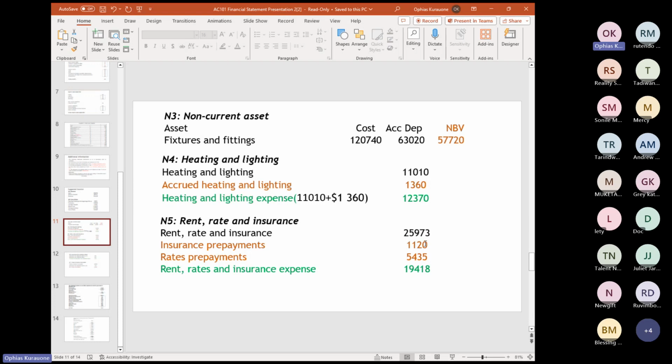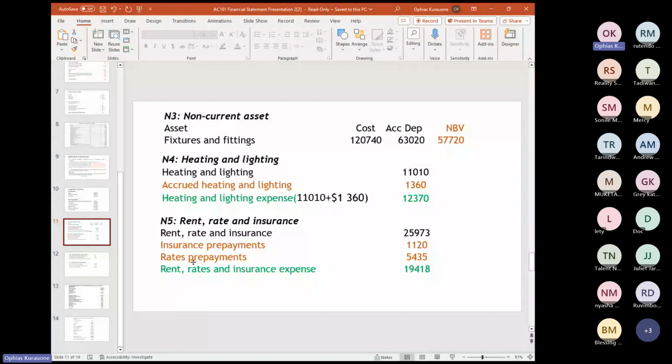If you prepay, we subtract. If you prepay the rates and insurance, it means we paid in advance. Then there was a rates prepayment.